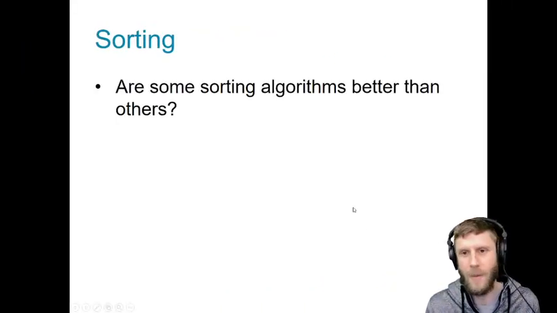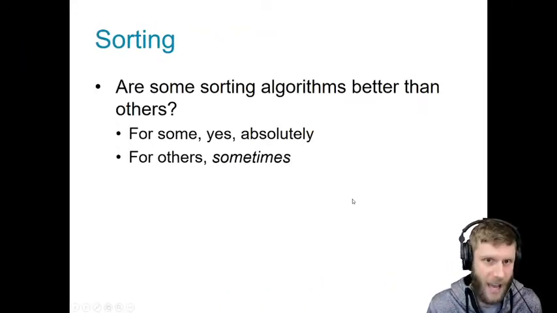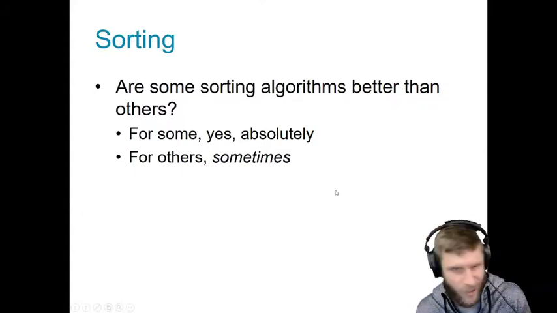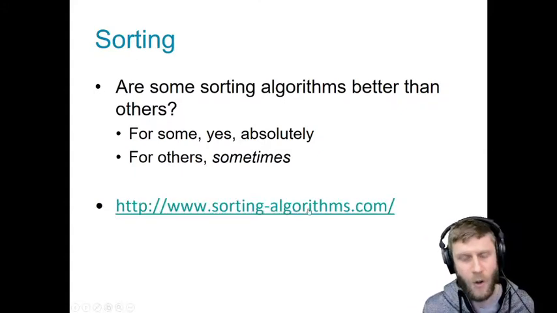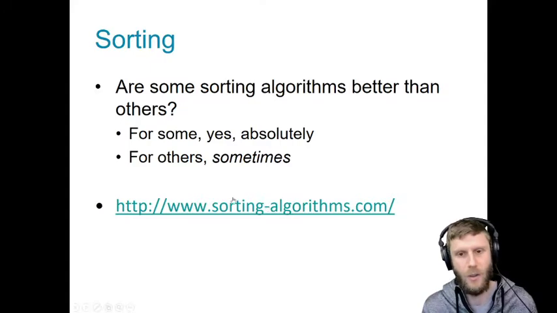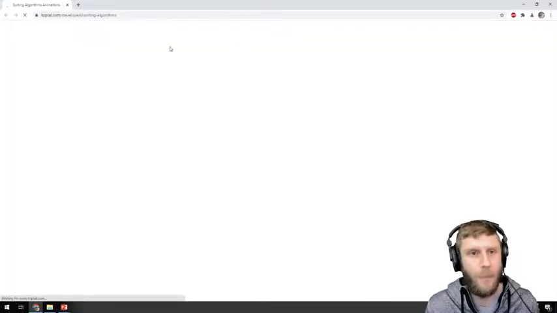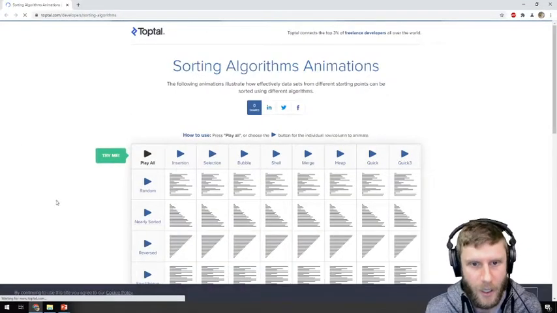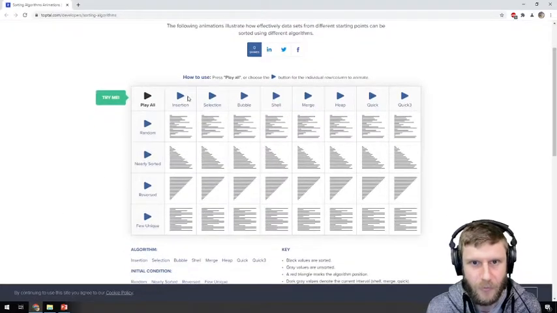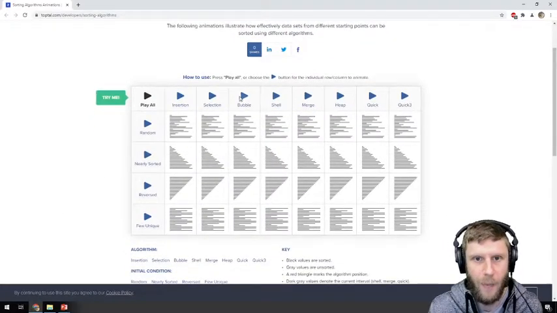So, are some algorithms better than the others? Well, yes, absolutely. And the answer is sometimes. If you go to this link, we can see some fun visualizations of different sorting algorithms. It's not the best thing in the world, but it's kind of neat. Let's run a bubble sort versus insertion sort.